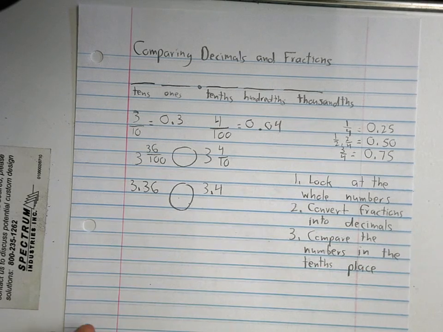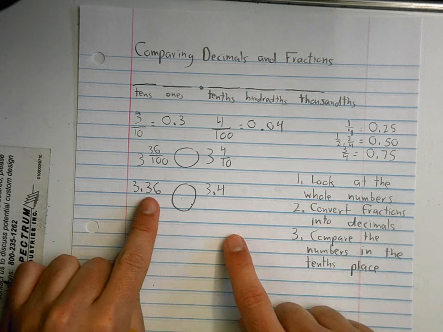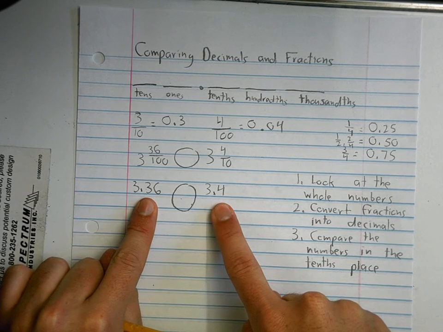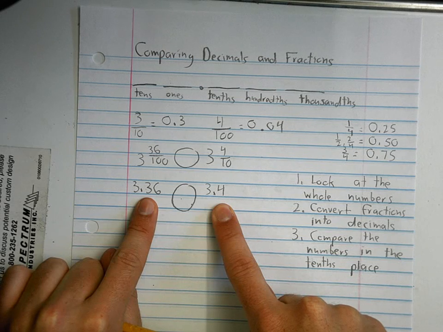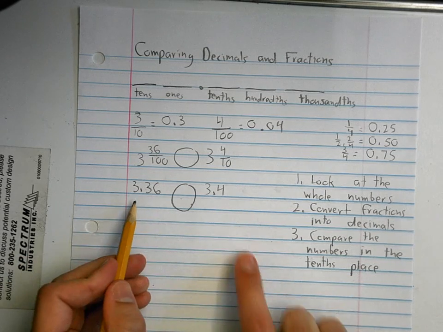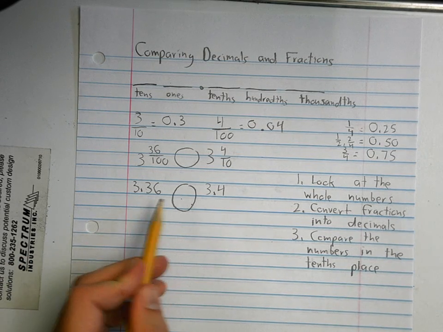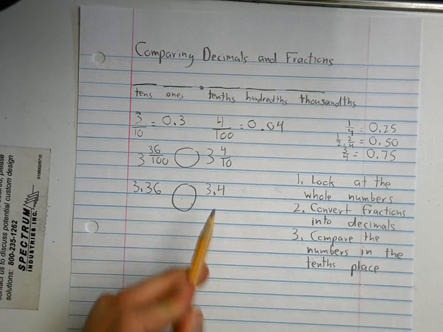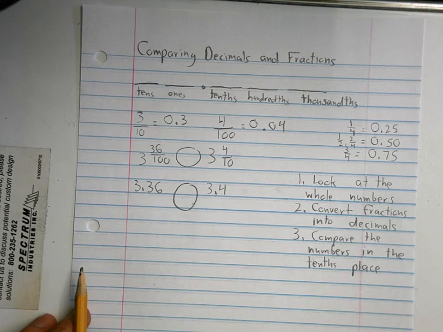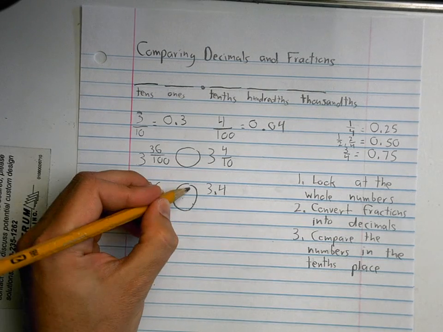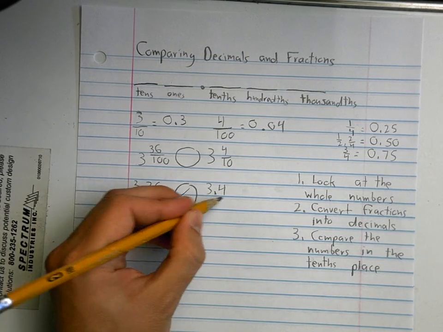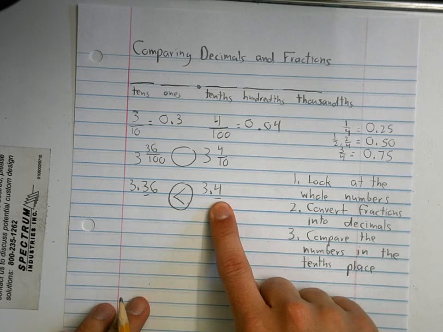I compare the number in the tenths place. 3 and 4. Okay. Are they the same? No. One of them's different. So is 3 and 36 hundredths greater than or less than 3 and 4 tenths? Sydney. It's less than. Yes, because I look in the tenths place, that one number is greater, isn't it?